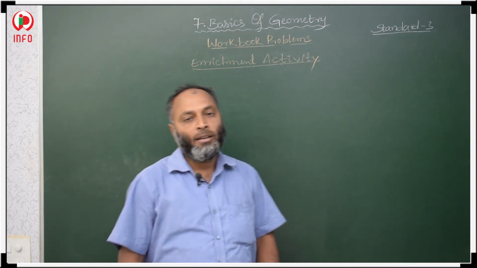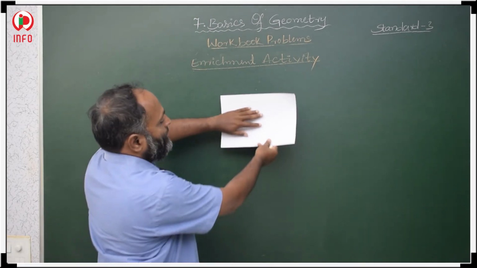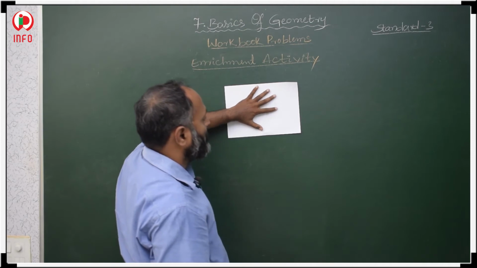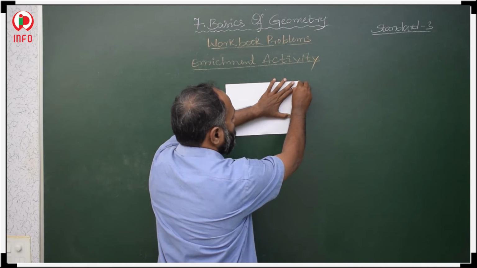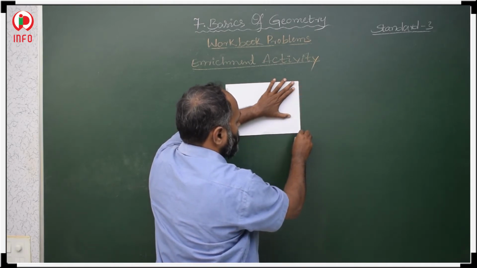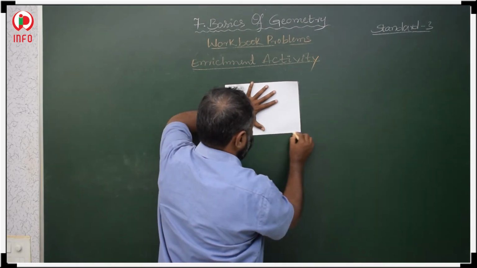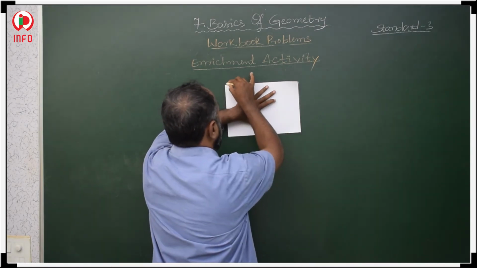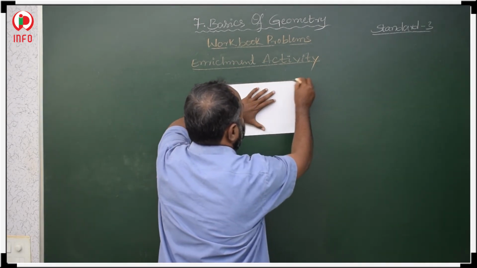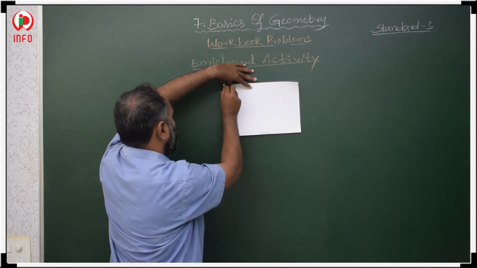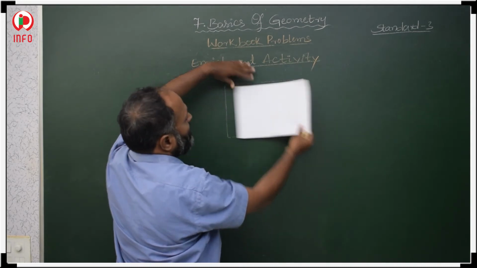See here, take one A4 size paper. This is an A4 size paper. Keep your A4 size paper like this and draw 4 corners. You have to draw 4 corners. After that, remove your paper.